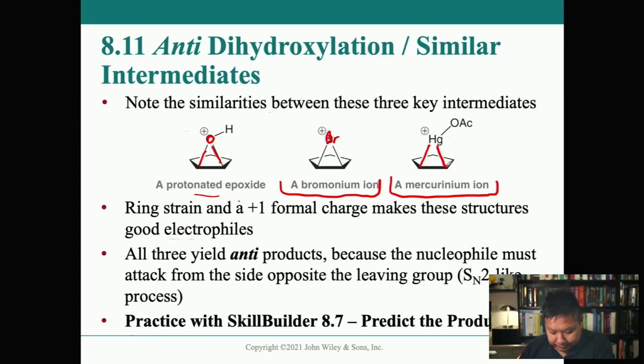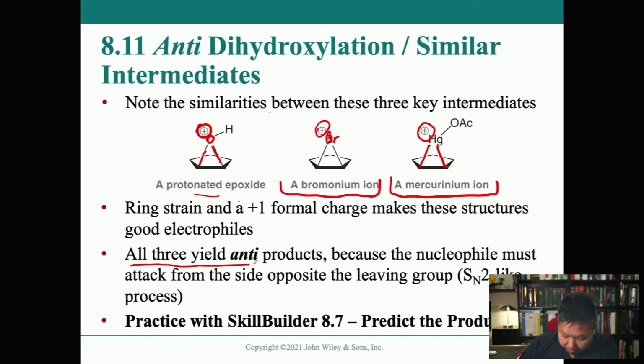So notice that they all have positive formal charges, but the more important thing to notice is that all three of these have these bridging atoms as a part of their intermediates.